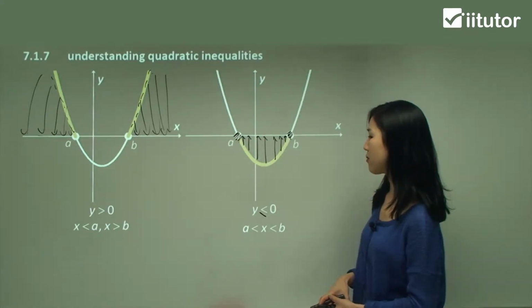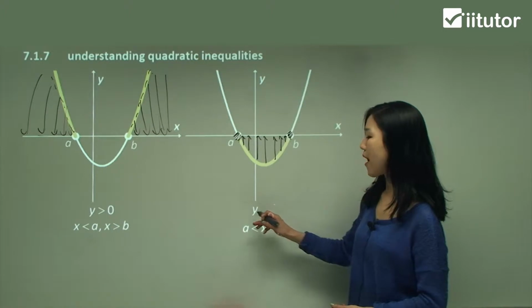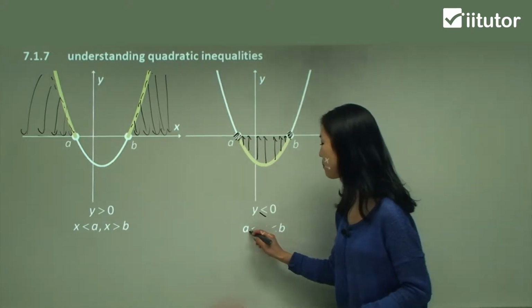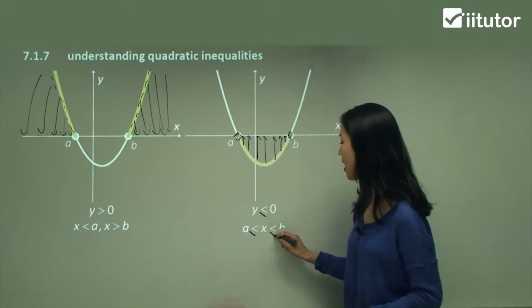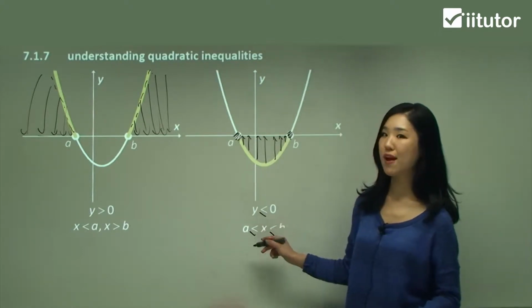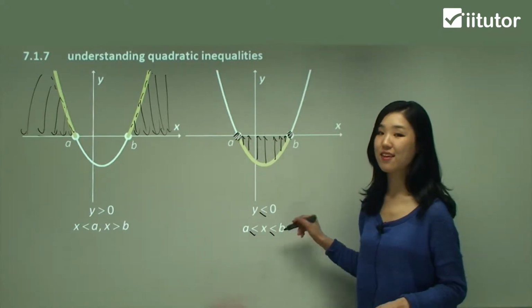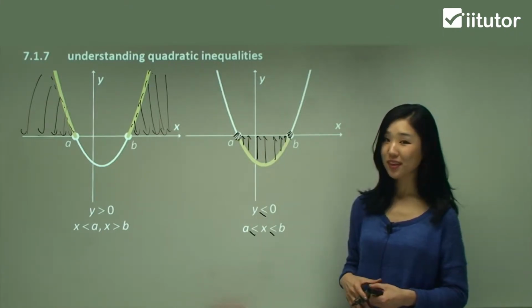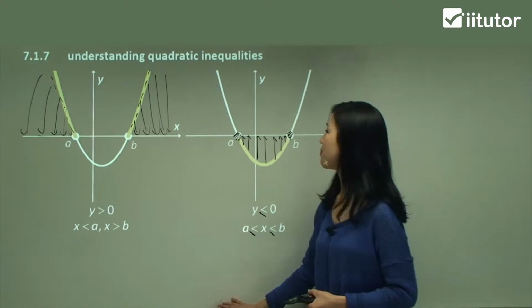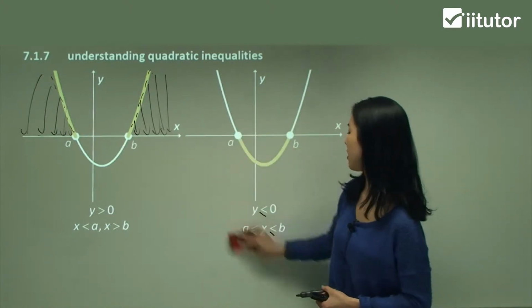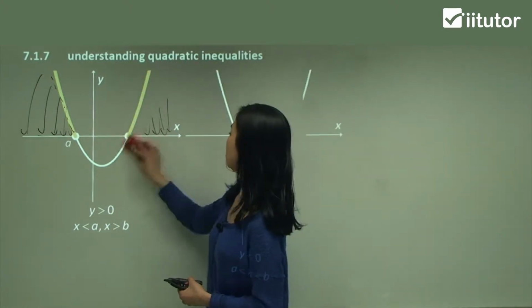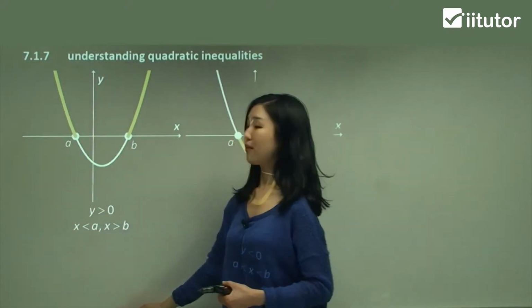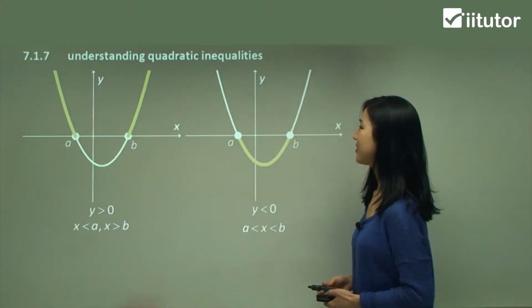So if y is less than or equal to 0, the x's should also be between a and b, so x is greater than or equal to a and less than or equal to b. You keep the equal sign all the time. That's pretty much it. We'll utilize this information in the next few questions. So let's get started.